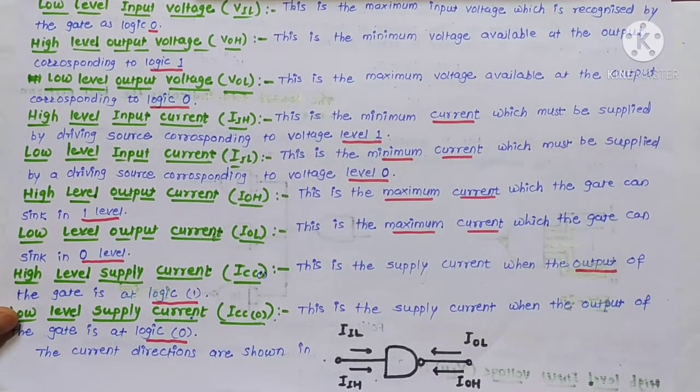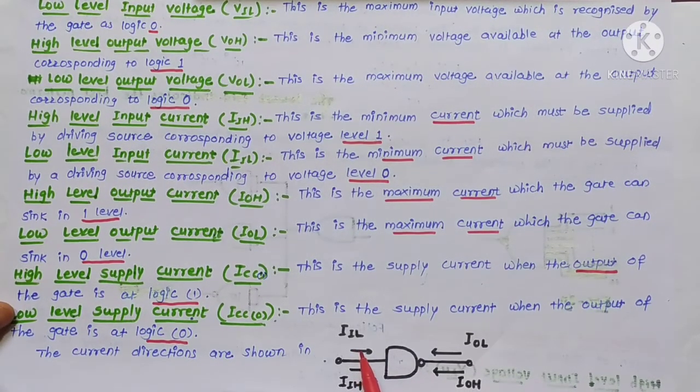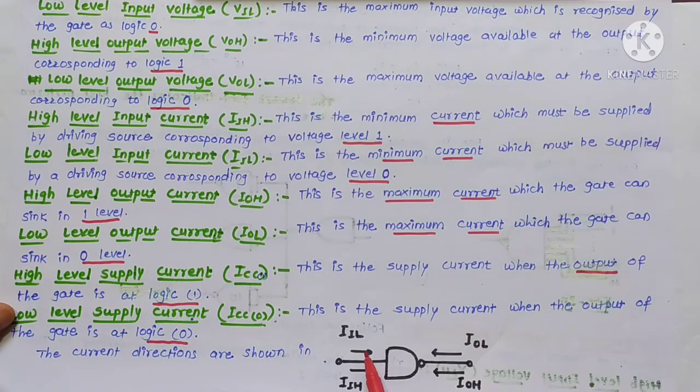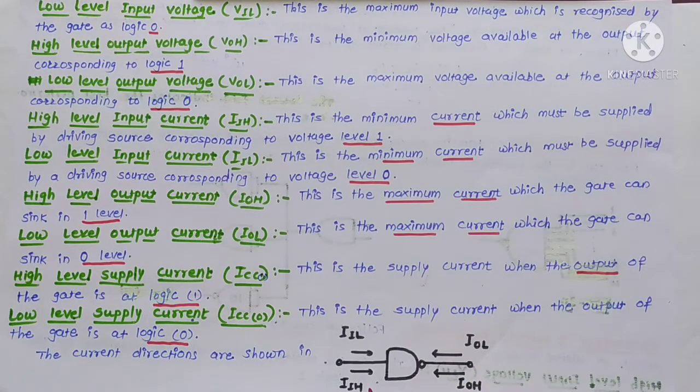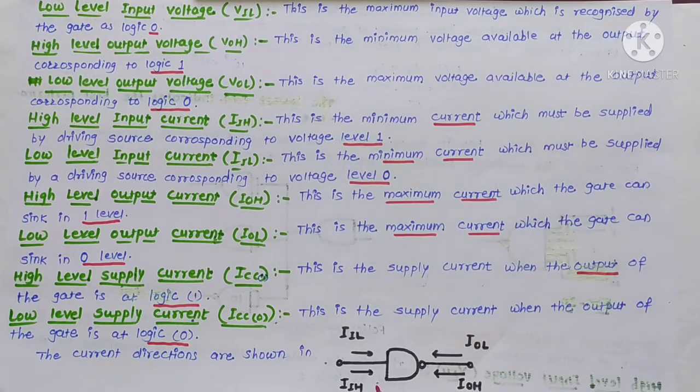In the similar way, this IIL is the maximum current which must be supplied by driving source corresponding to logic voltage level 0, and here IIH is the minimum current which must be supplied by driving source corresponding to logic voltage level 1. Is that clear, students? In this way, this is the current and voltage parameter characteristics of semiconductor digital IC.